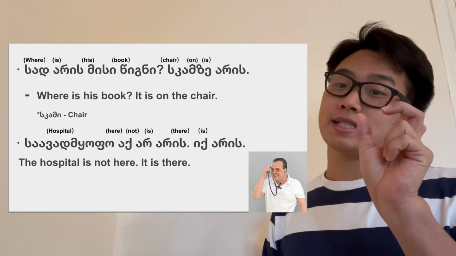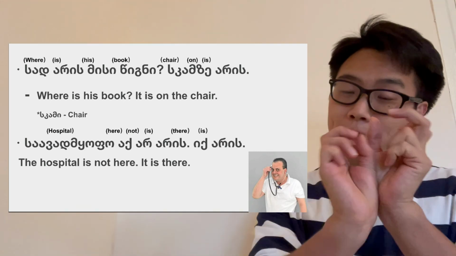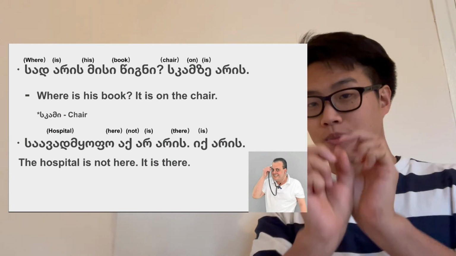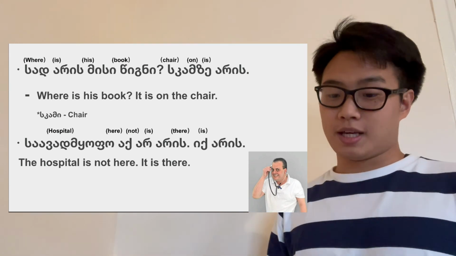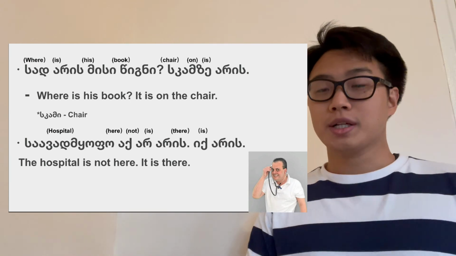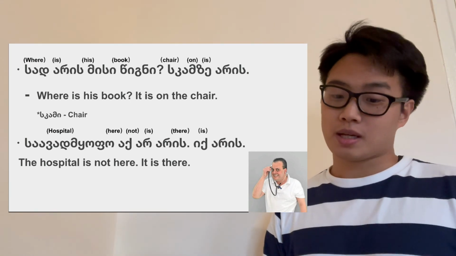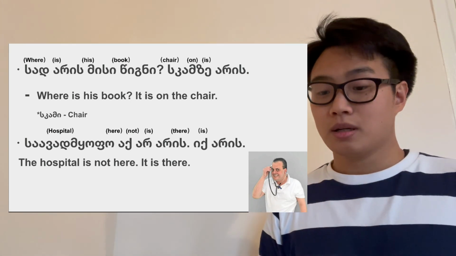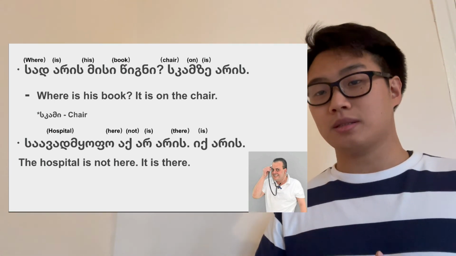The nominative case ends with i. That's why we have to get rid of this i, and then we can combine them all together. Skami, skamze, on the chair, right? Skamze aris. It is on the chair. So, where is his or her book? It's on the chair. As I said, you can also say skamzea. You can say both.